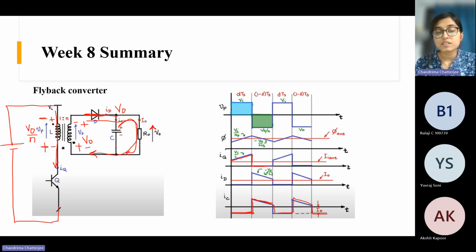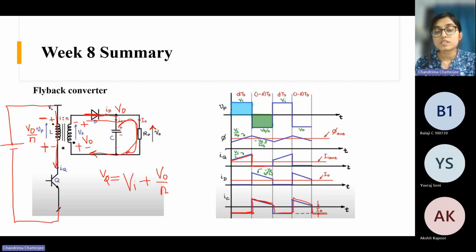If you then do KVL in this primary loop, the voltage across the switch VQ is V input plus V naught by N. That is the voltage across the switch.